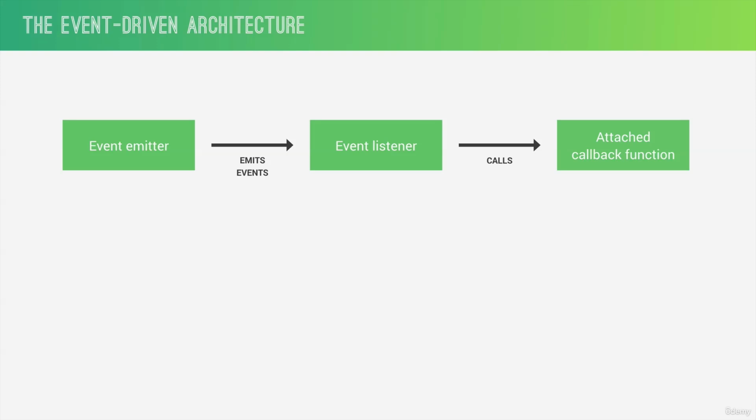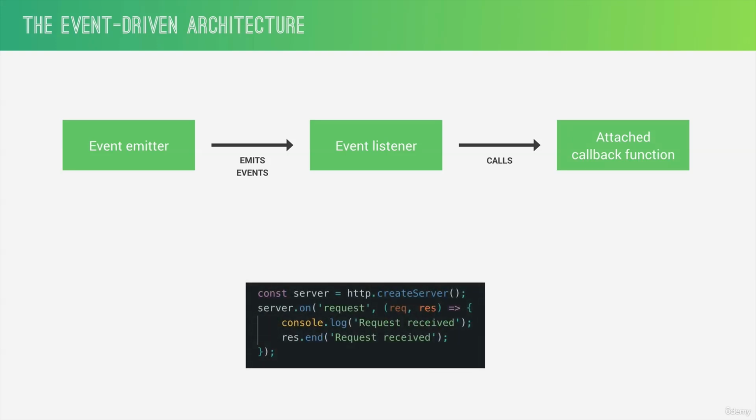So let's briefly understand how Node uses the event-driven architecture to handle server requests in the HTTP module that we already used in another section. When we want to create a server, we use the createServer method and save it to a server variable. This implementation here is a bit different from what we did before, but it works the exact same way. Anyway, this server.on method is how we actually create a listener, and in this case, for the request event.